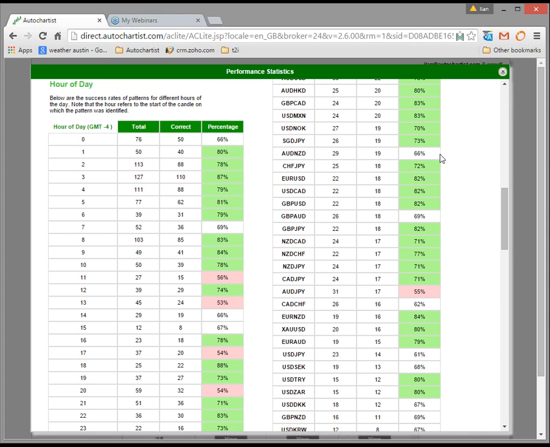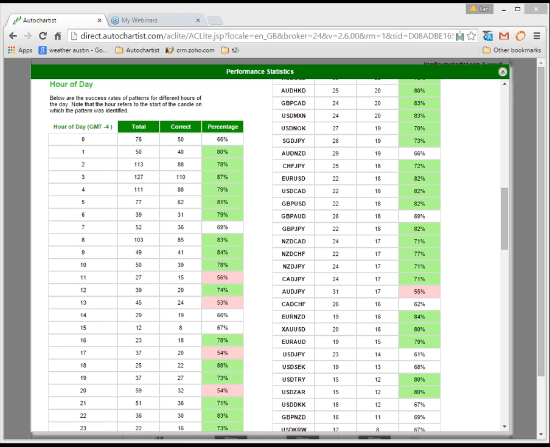The global center for FX is not New York and is not Tokyo. It is actually London. So these stats by hour of the day are listed by GMT -4. So the London session is somewhere around here, and you can see that the stats during the London session are far better than the stats during the US session or any other session.